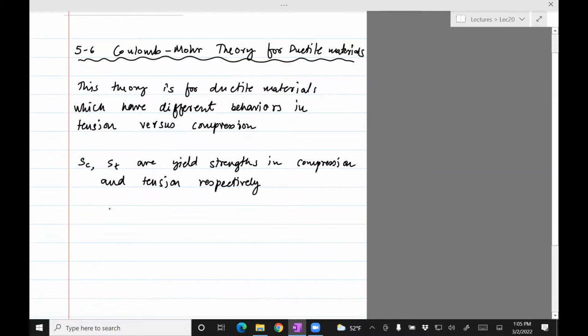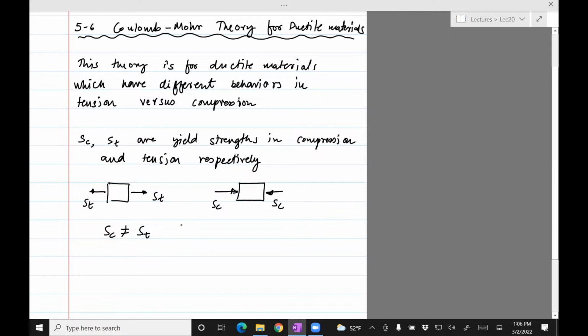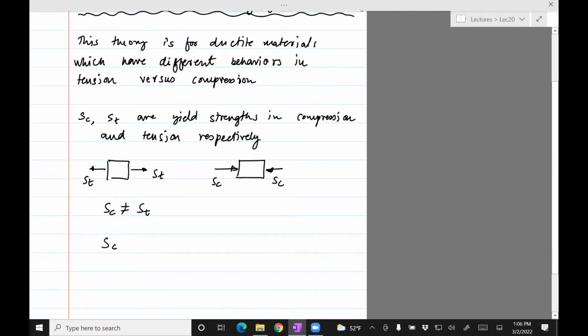What it means is that in that specimen I drew some time back, if you load it with tension or you load it with compression till failure, you'll see that Sc is not equal to St. But what we find normally is that Sc is greater than St for most materials.